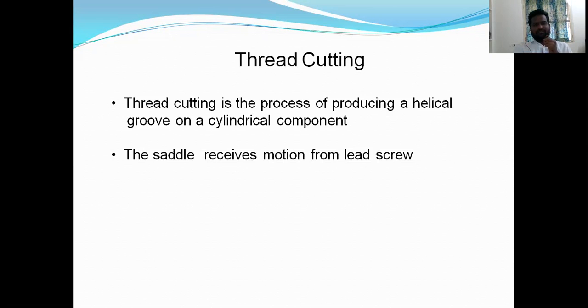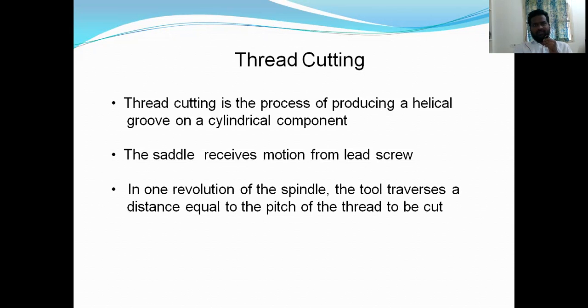In this, the saddle receives motion from the lead screw, not by our hand. The saddle receives the motion from the lead screw by engaging the split nut mechanism.